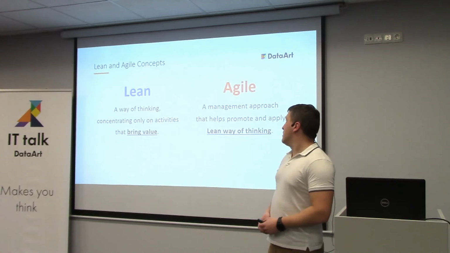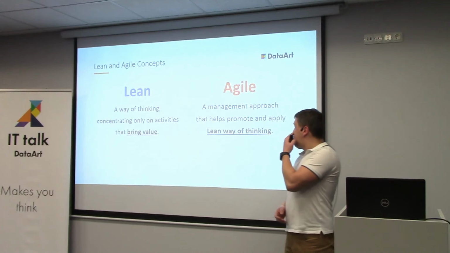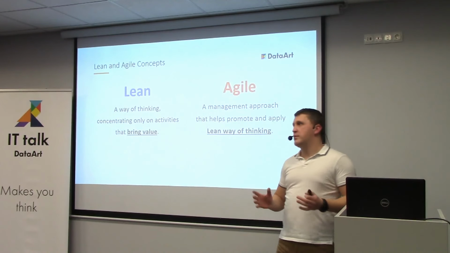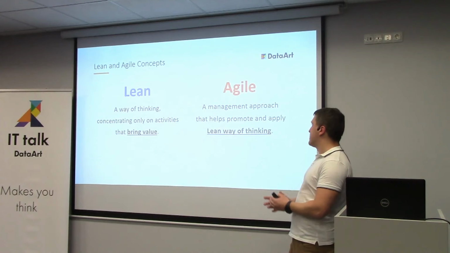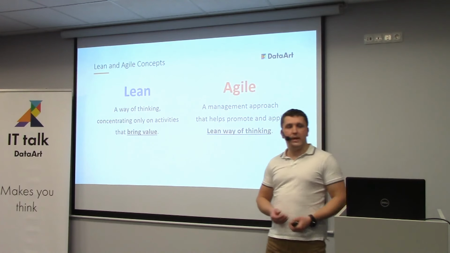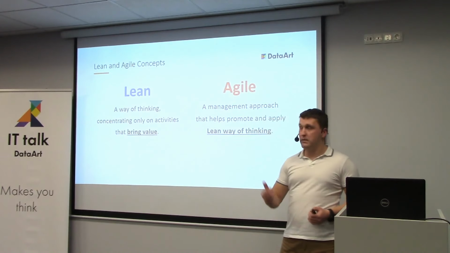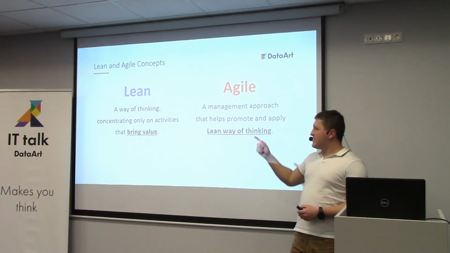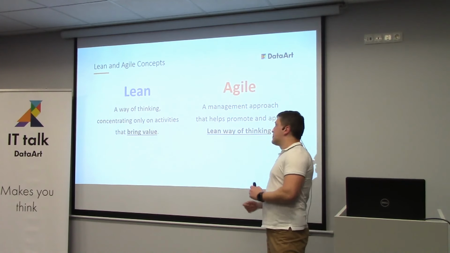Now, agile is a management approach. Actually, it's a whole bunch of methodologies that help implement, promote, and apply the lean way of thinking. And while lean is a way of thinking, right? It's a mindset.